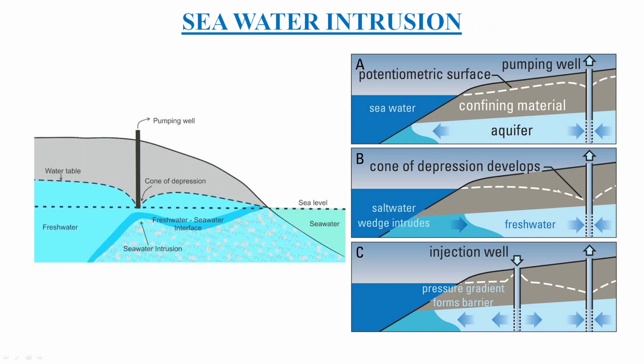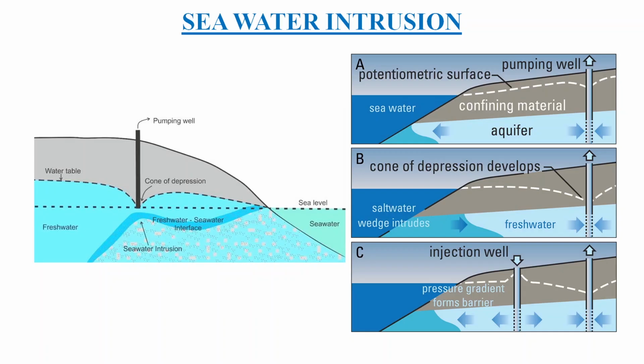Then, as you continuously discharge with the help of a pump, this freshwater-seawater interface will try to migrate inward into the land, because more and more water you are discharging with a pump.